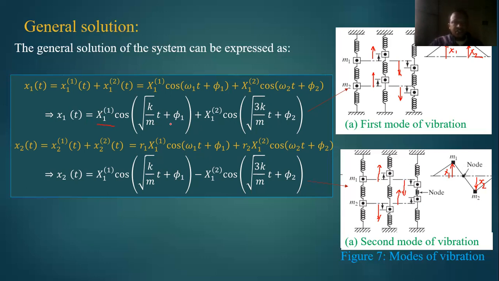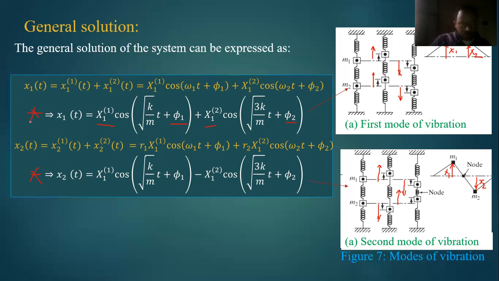One constant here, second constant, third constant, fourth constant: 1, 2, 3, 4 in two equations. We have two equations, one is this equation, another is this equation.